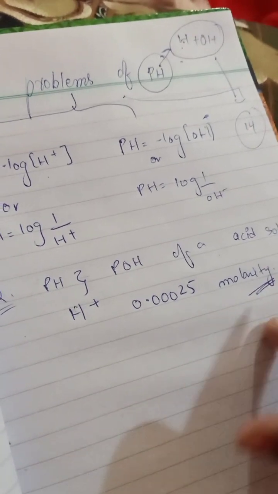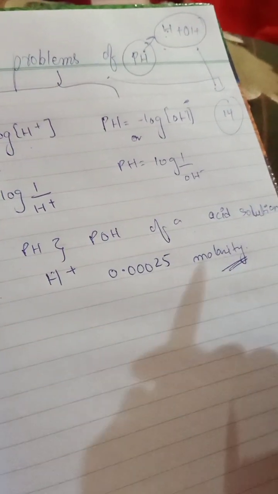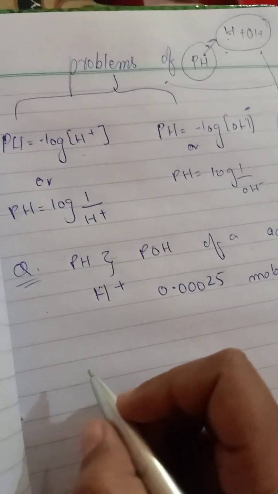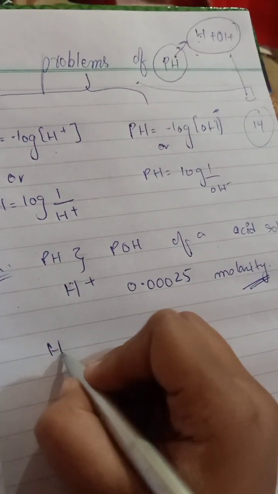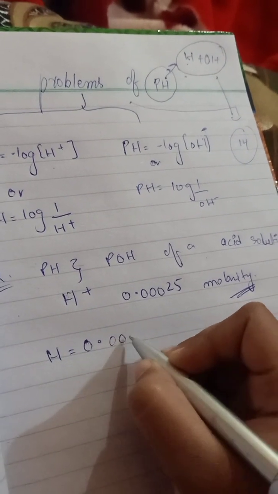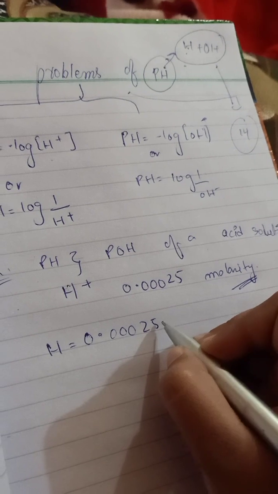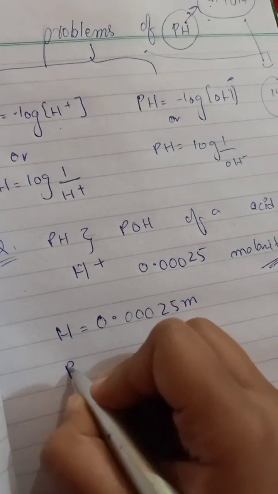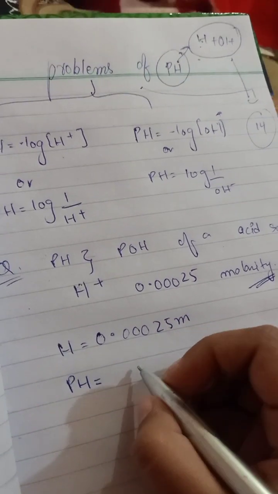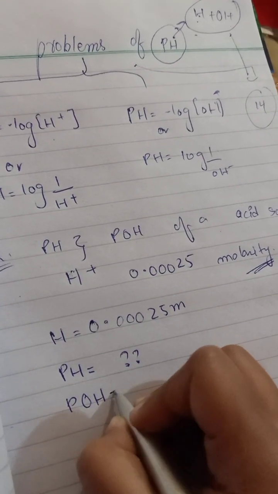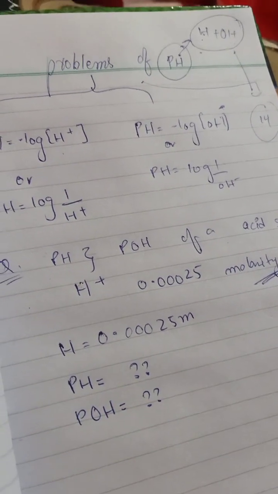Okay, that is the unit of concentration, or you can write it as mole per dm cube, both are fine. So the hydrogen concentration is 0.00025 molarity, and we have to find the pH as well as the pOH.